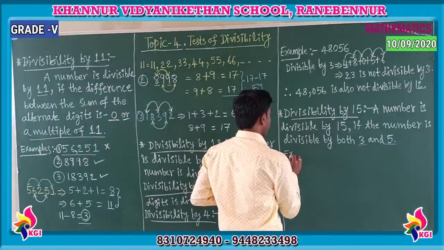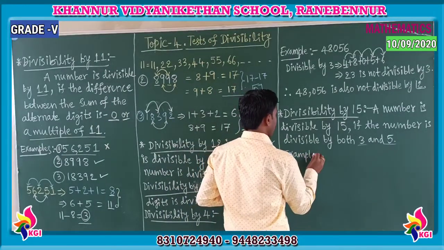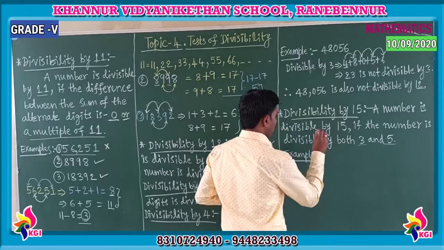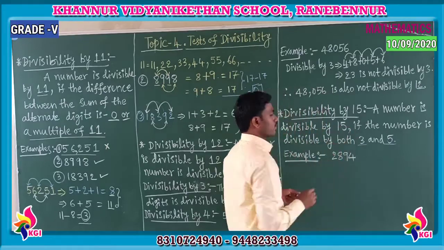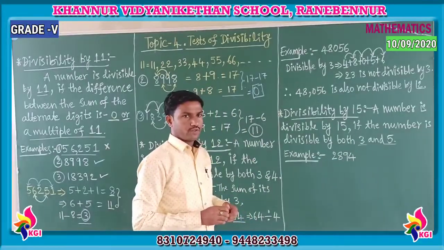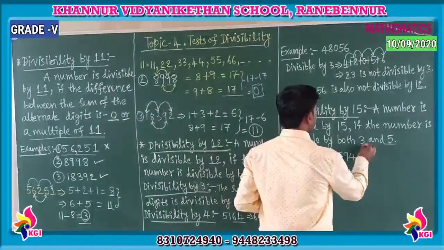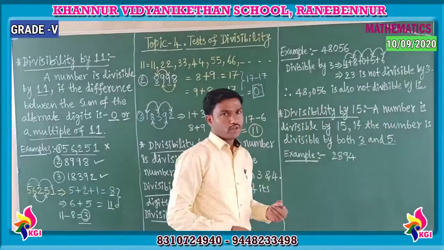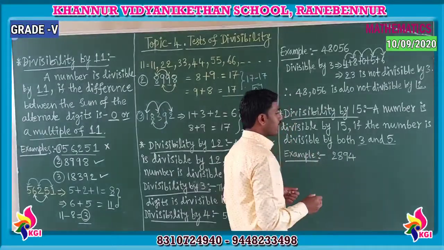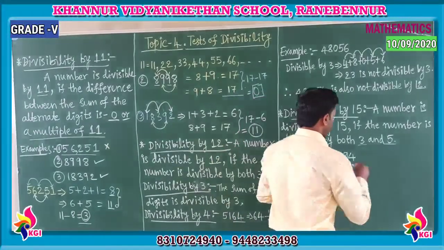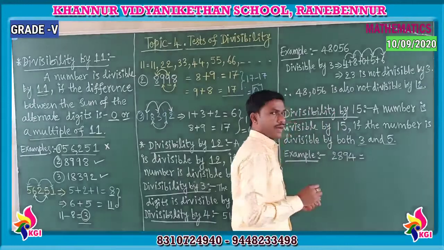The example is 2894. We know the divisibility by 3 and divisibility by 5 rules already. First of all, is this number divisible by 3 or not? We can check with the divisibility by 3 rule.